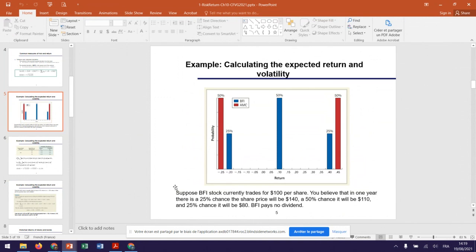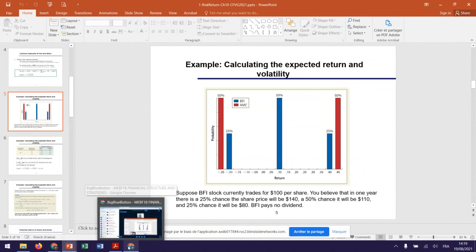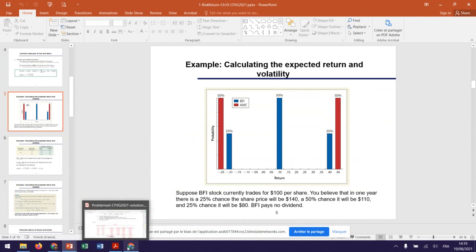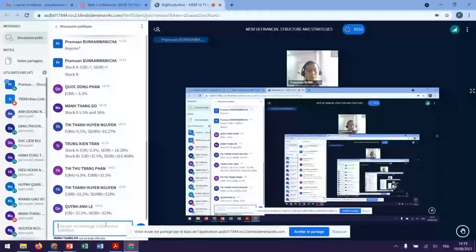Okay, for this exercise, can you make a conclusion on this or not? How we categorize it?